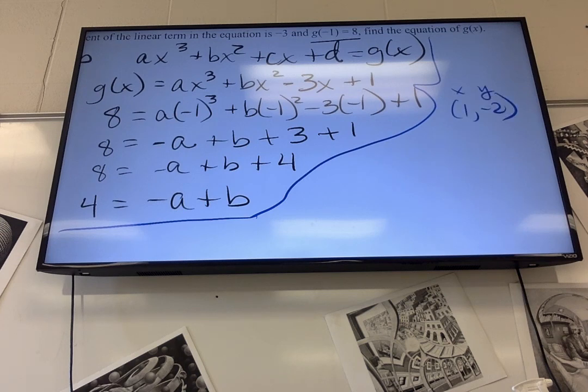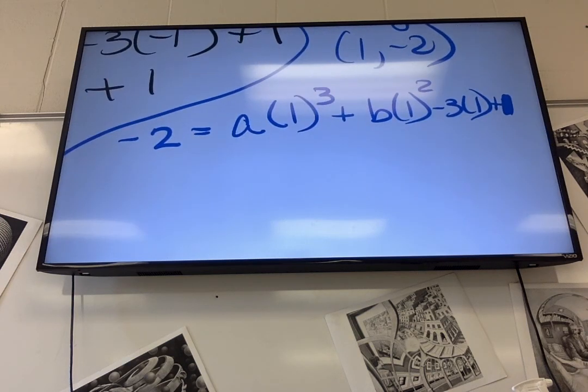So -2 equals a times 1 cubed plus b times 1 squared minus 3 times 1 plus 1. There's a 1 there. -2 equals a plus b minus 3 plus 1. -3 plus 1 is -2.